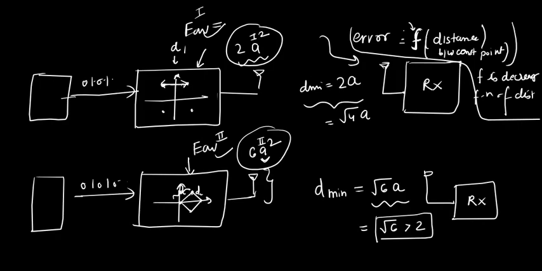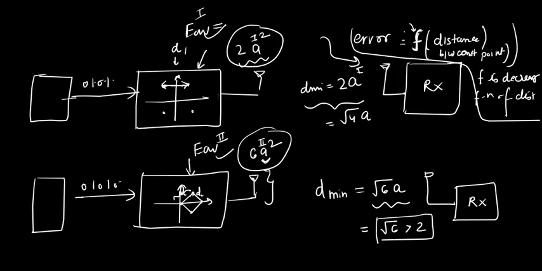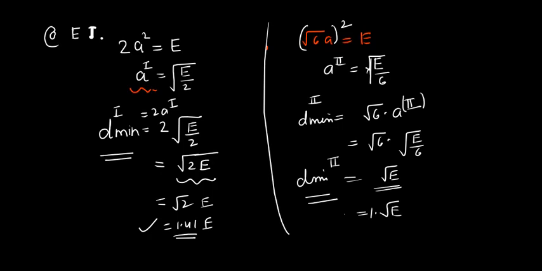It is related to A1 and A1 is related to energy. That is why we thought the second one has higher d min. But normalized, yes, correct. So this was the idea: you should not compare two schemes without understanding whether the transmission power for both is the same or not. So this is how I created this example, so that you understand it better.